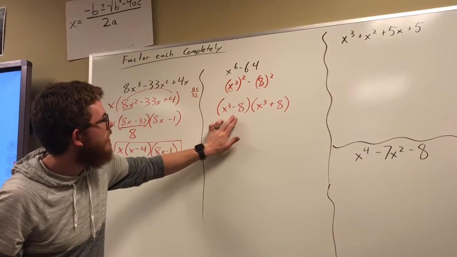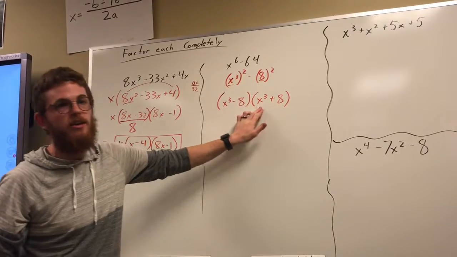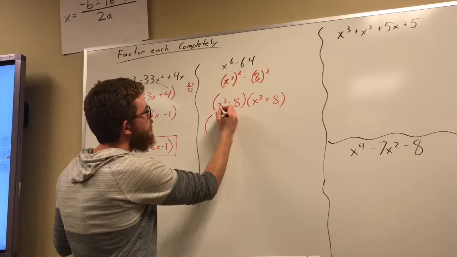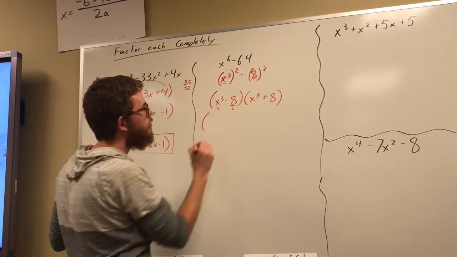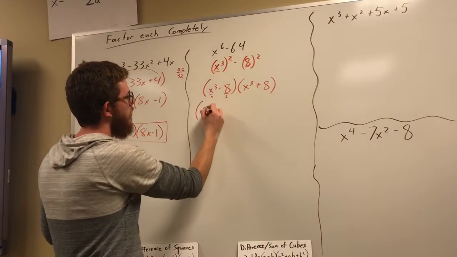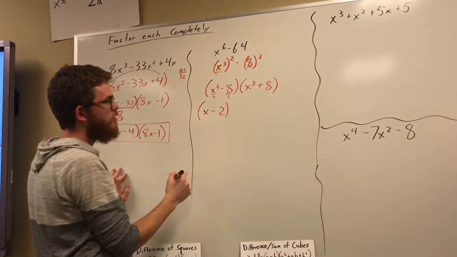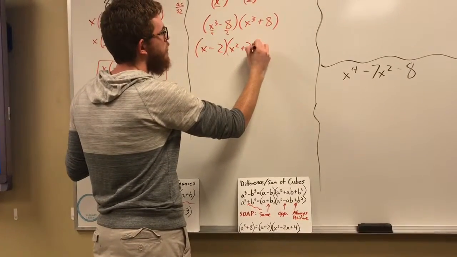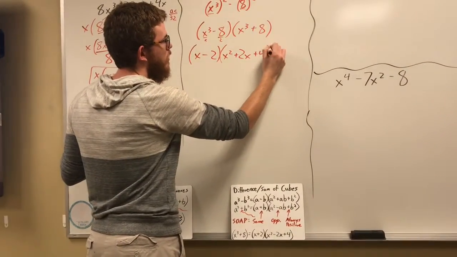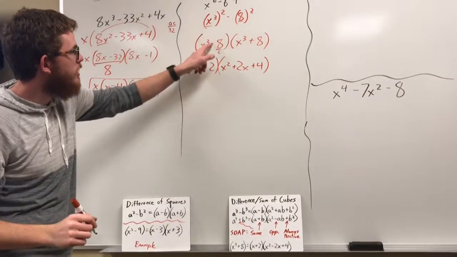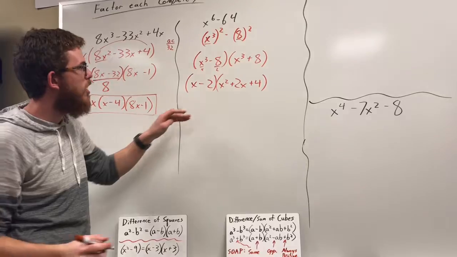Now this is a difference of cubes, while this is a sum of cubes. We are cubing an x right here, we're cubing a 2 right there, and we can use our difference of cubes formula. So this is going to be x minus 2 times x squared plus 2x plus 4. Our signs are always same, opposite, always positive.